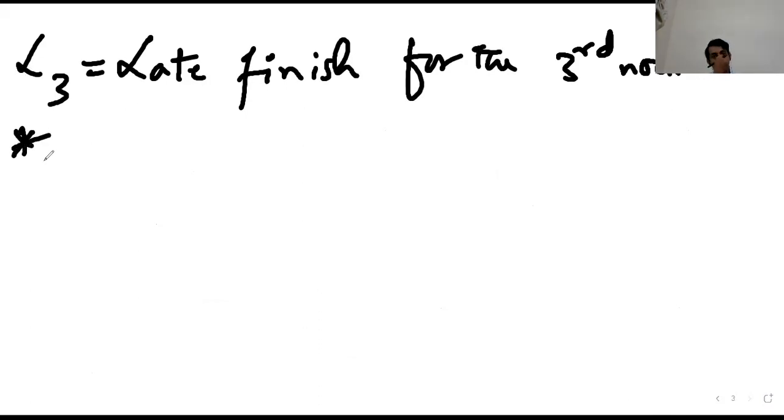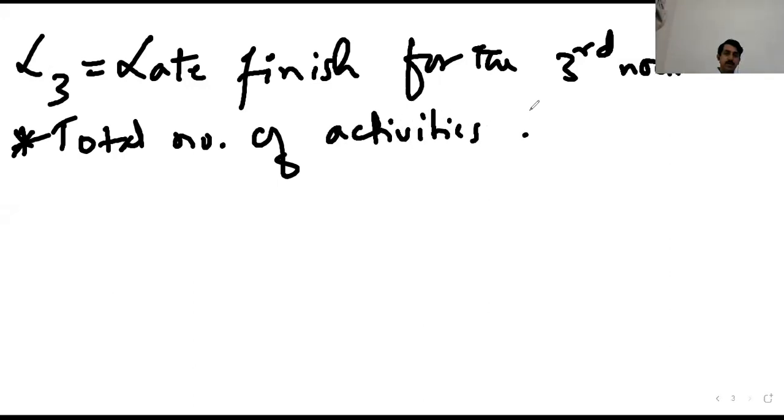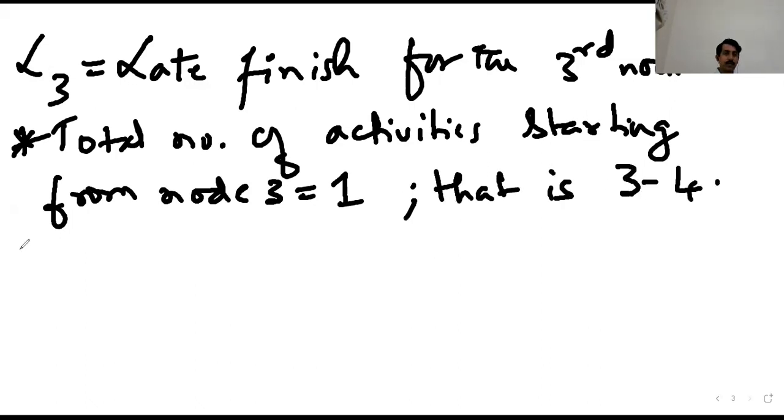Only one, that is 3-4. The total number of activities starting from node 3 is equal to 1, that is 3-4. Is it right? Everyone agrees to this?